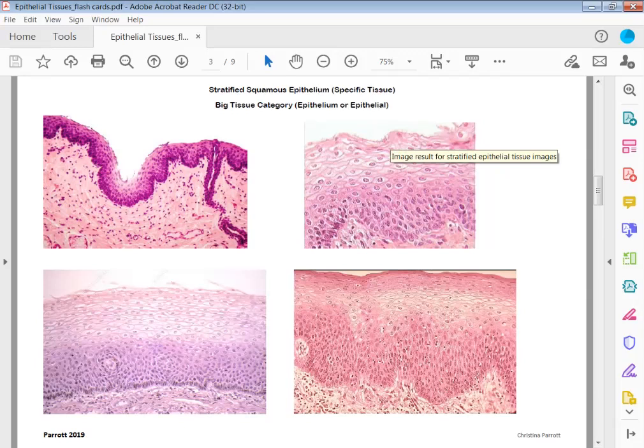They're not cuboidal or cube shapes, so we know that's not it, but they look very squashed. So these squashed cells would be squamous. So our middle name would be squamous. And our last name would be our family name or big tissue category, which is epithelium. So these are stratified squamous epithelium.